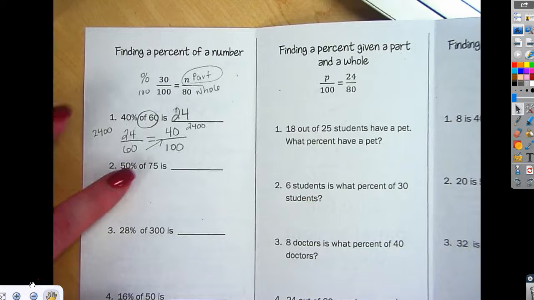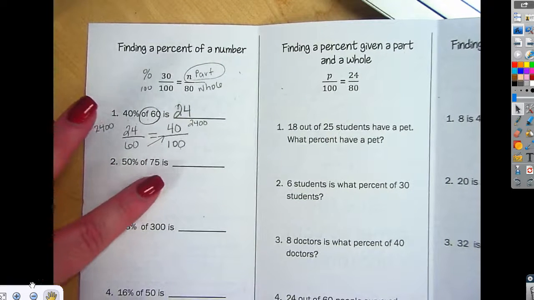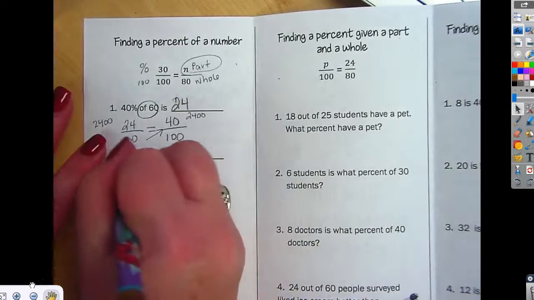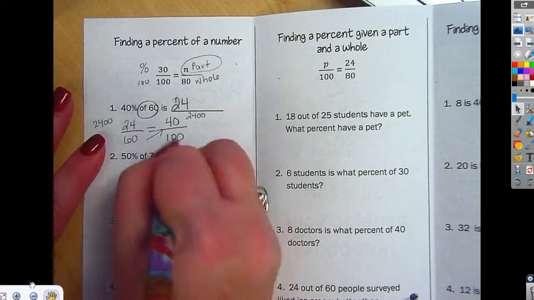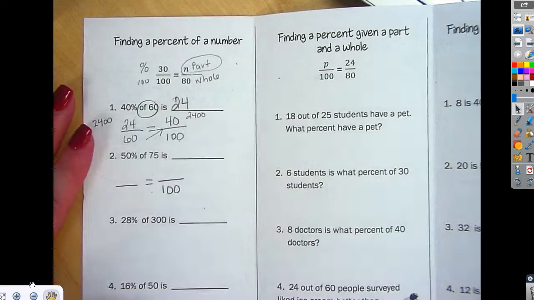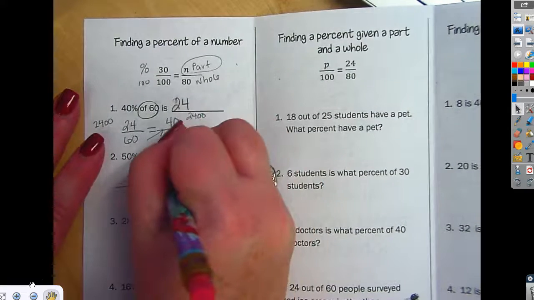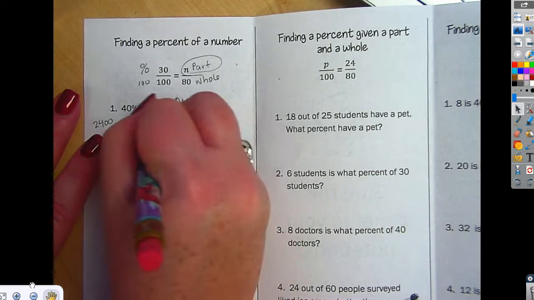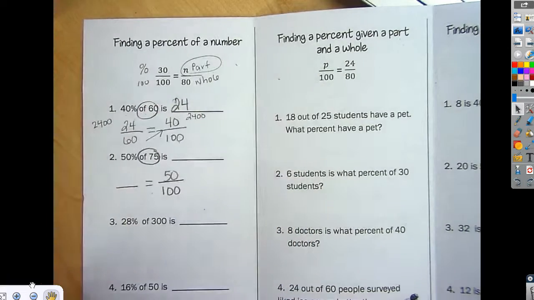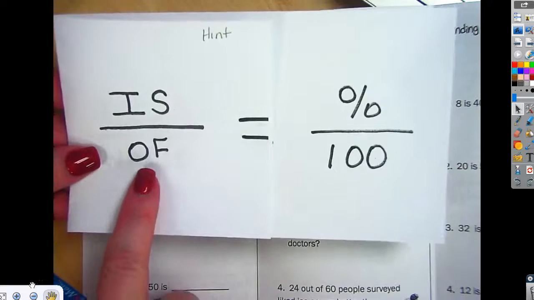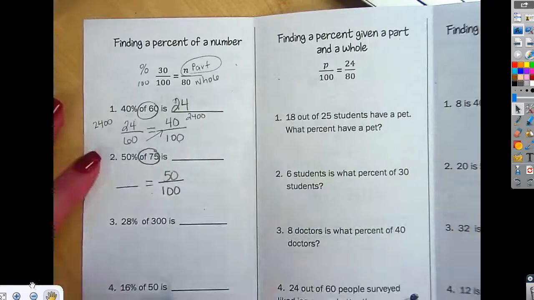All right, 50% of 75 is, so set up the percent proportion, always over 100. What goes above the 100? Michaela? 50. So, of 75, our "of" is our whole, so it's our other denominator.